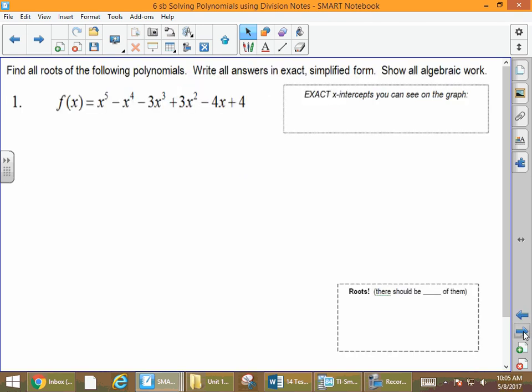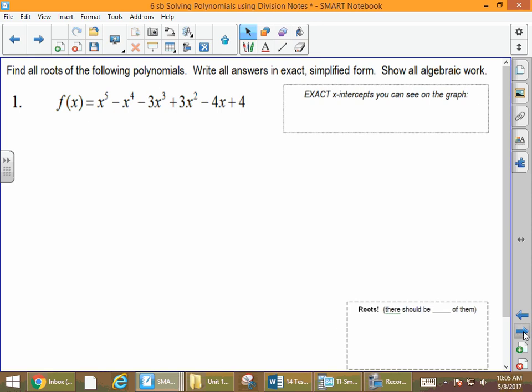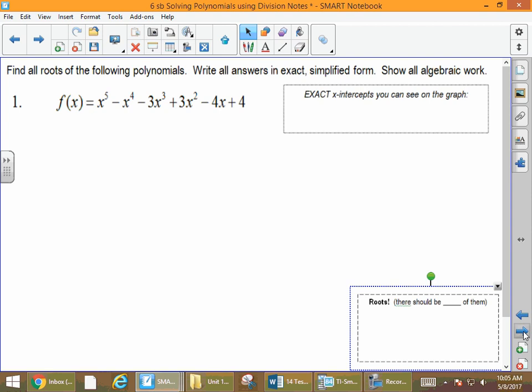So when we take a look at this first problem here, it looks like maybe we can factor, except that we've never factored something with x to the fifth, and x to the fourth, and x cubed, and x squared, and x and 4. So since we're not sure how to factor this problem, let's go ahead and type this into the calculator.